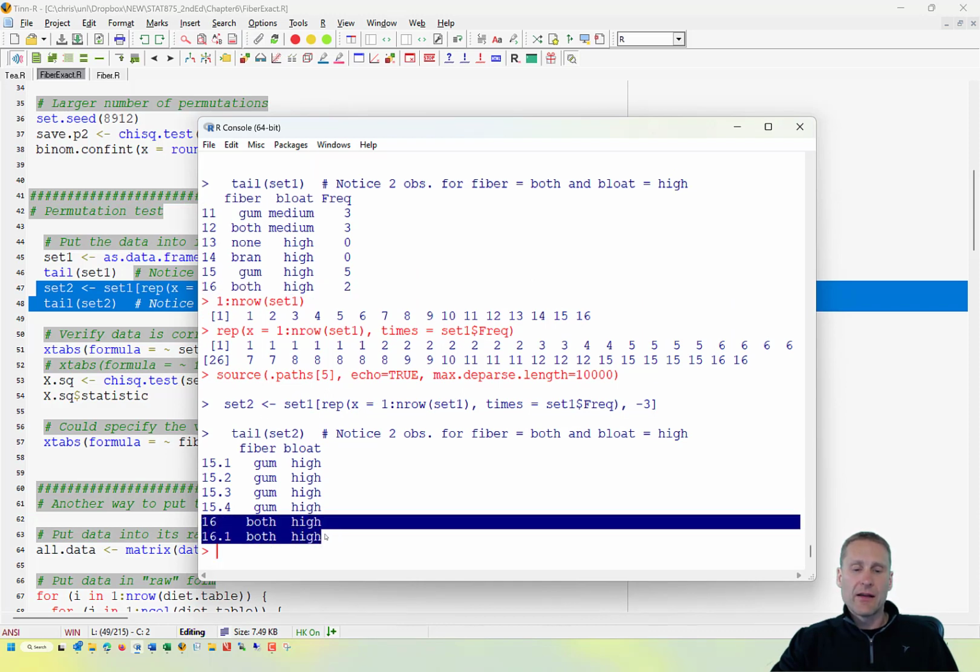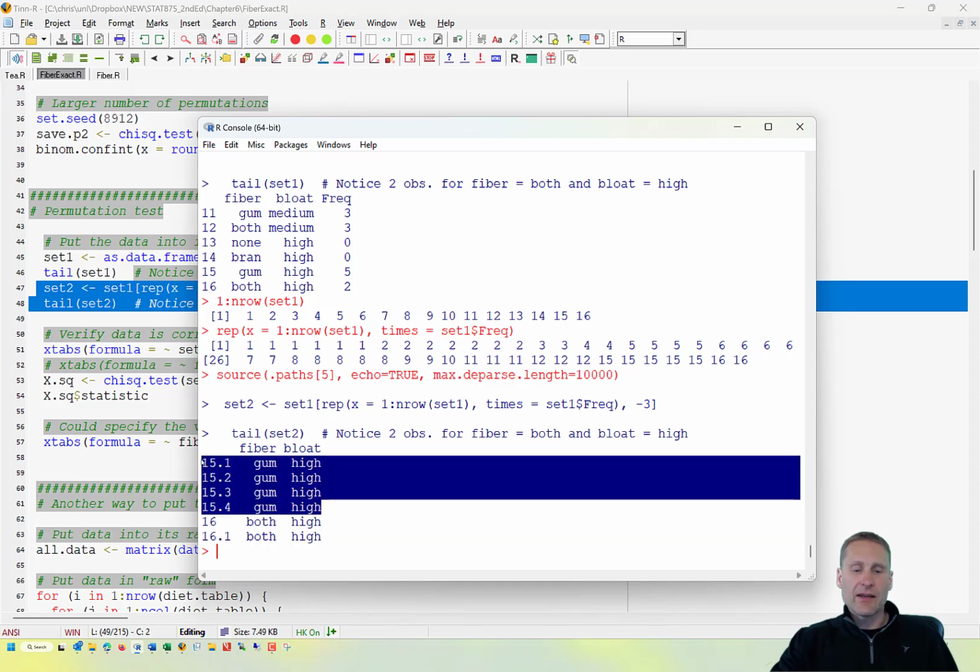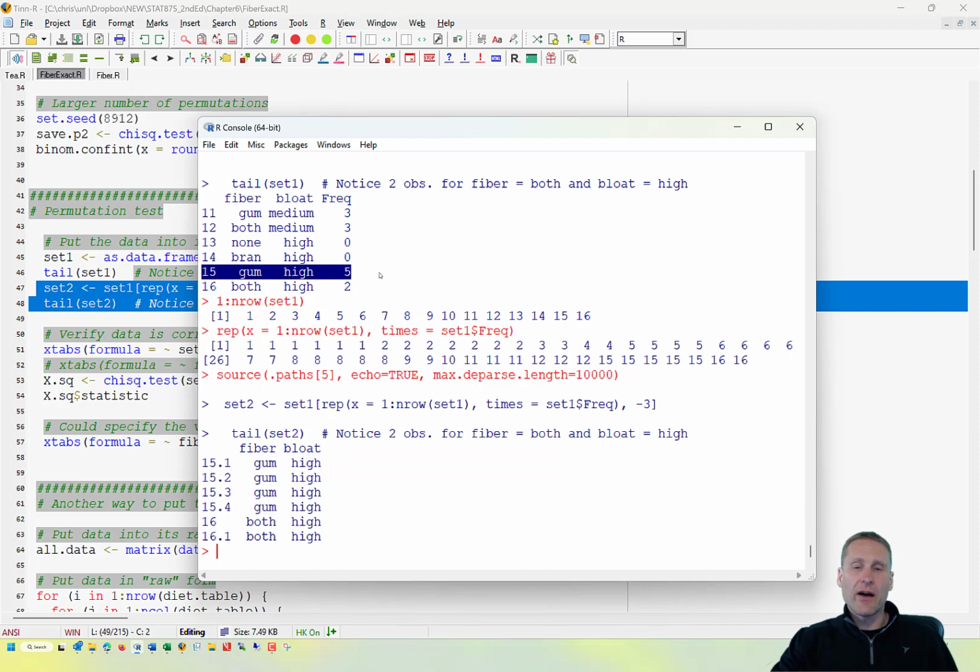Look at this. Now I have 2 rows for both and high. I will have, even though you can't see it here, 5 times of gum and high because I have 5 right there. I will not have any brand and high or none and high. Then lastly, notice the third column here is freq for set 1. Well, when I ran this code, I don't need that column anymore, so I'm just going to remove it. The way that I can remove it is say -3 there, say don't include column 3.